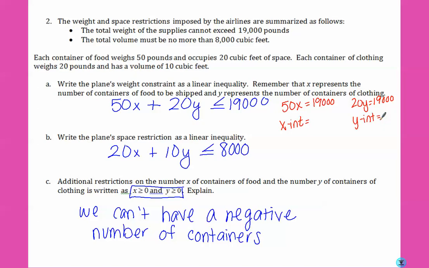So what's our x-intercept? And our y-intercept? And same idea for the space restriction. 20x equals 8,000 and 10y equals 8,000. Go ahead and find the x-intercepts and the y-intercepts.